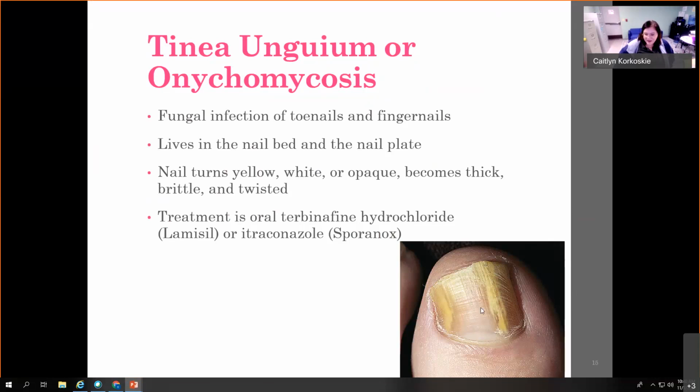But it's not as common now in nail salons because they have put in a bunch of regulations, like cleaning between each client. But yeah, that's what it'll look like for someone who has tinea onychomycosis.